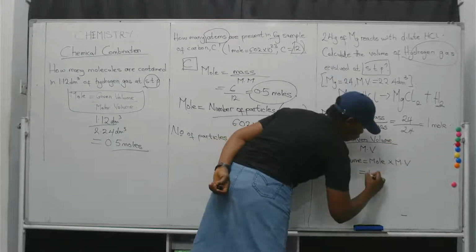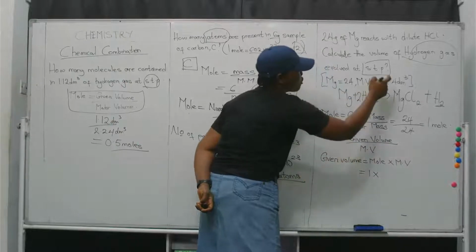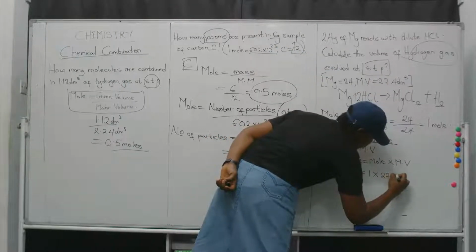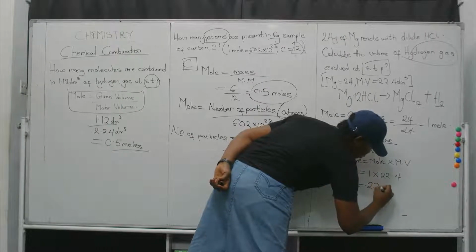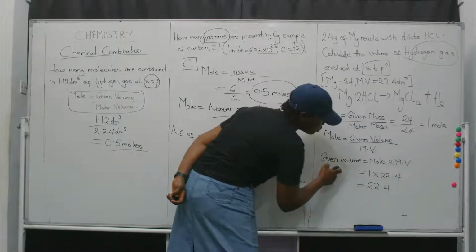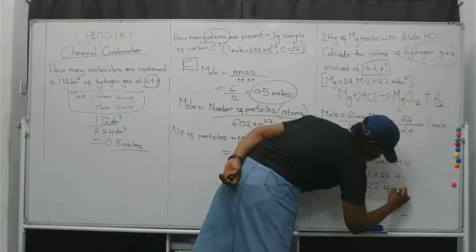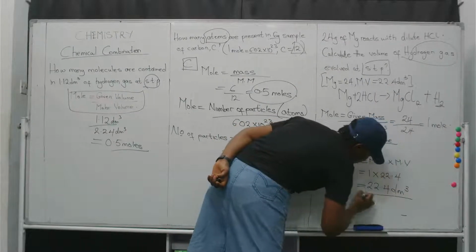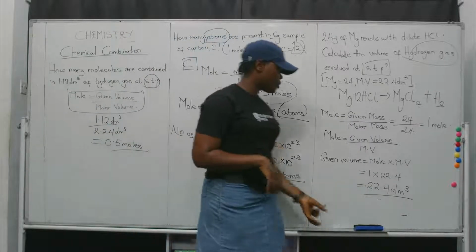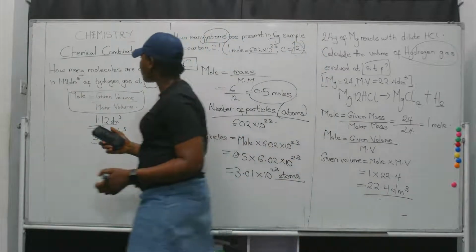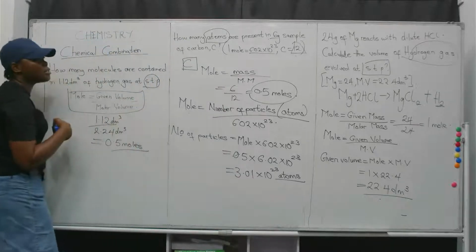Calculated mole is 1. Molar volume is a constant, 22.4. And so 1 times 22.4 will give 22.4. And the unit here would be dm cube, since we're told to calculate volume. Simple. Let's consider a few more. Let's move on.